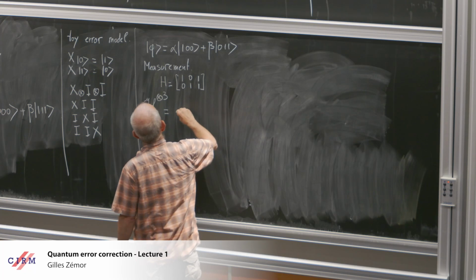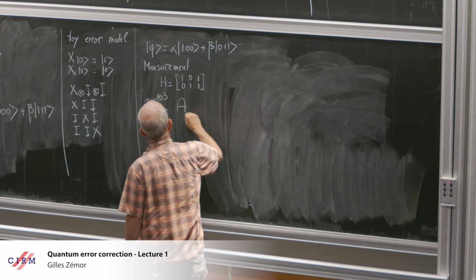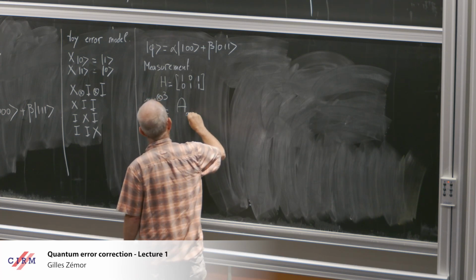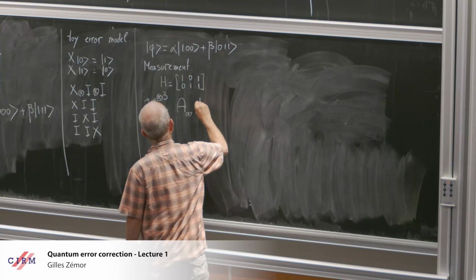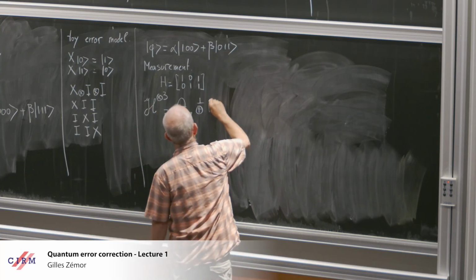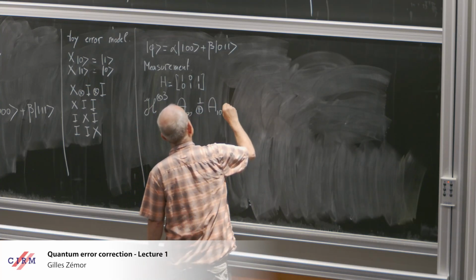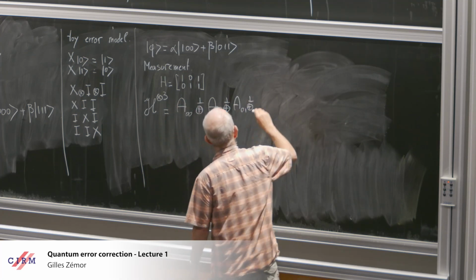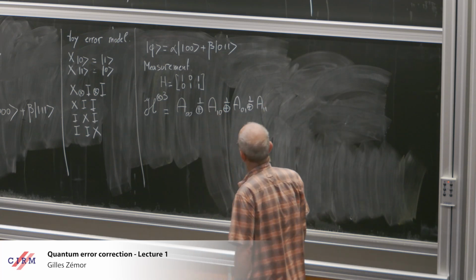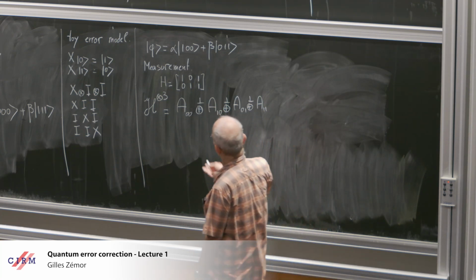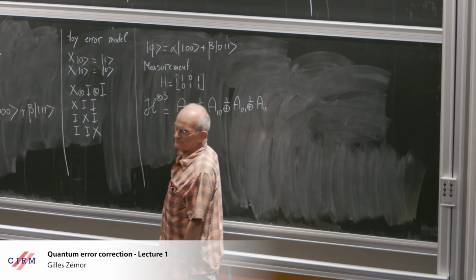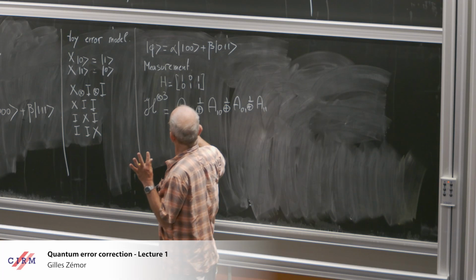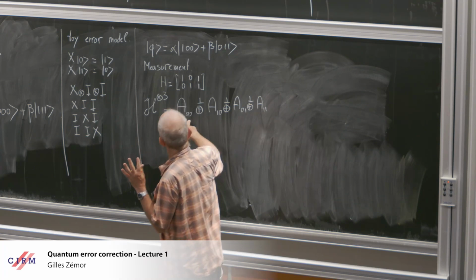I can decompose it in this way. Let me write A_{0,0}, plus orthogonal A_{1,0}, plus orthogonal A_{0,1}, plus orthogonal A_{1,1}. So what are these spaces? This is the space generated by the basis states of zero syndrome.